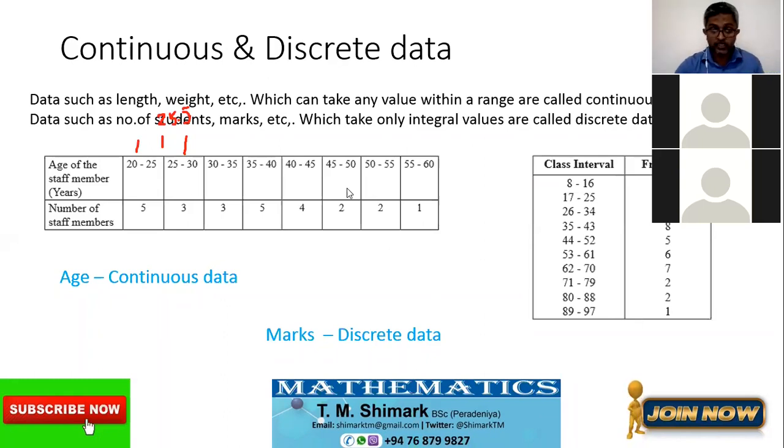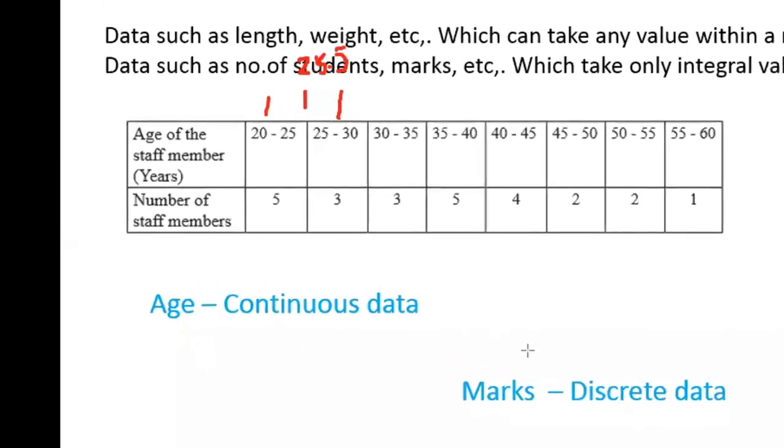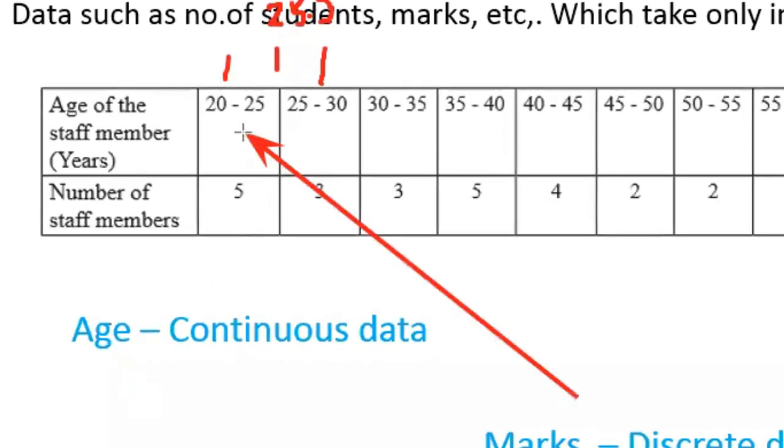But age is not like that. Age is what we call a continuous one. So when selecting the class interval, you can see the difference here, right? See, 20 to 25, the next one starts with 25 again.